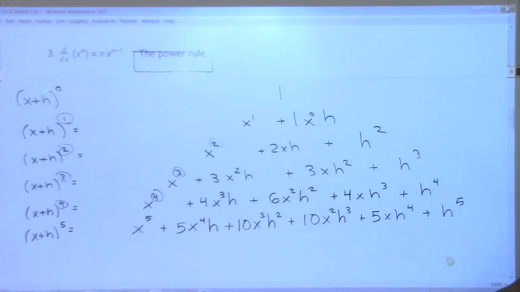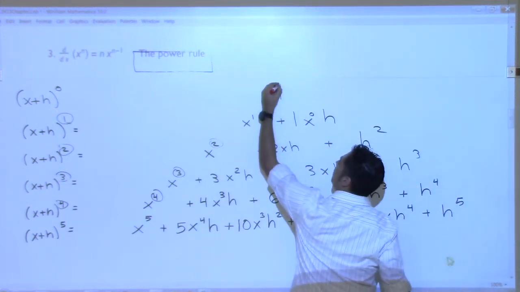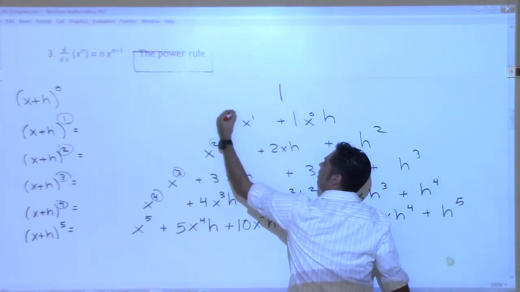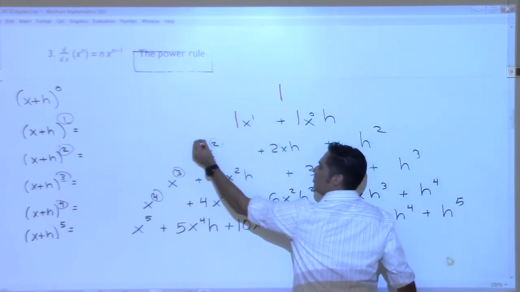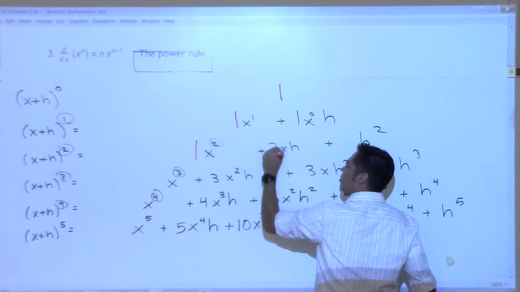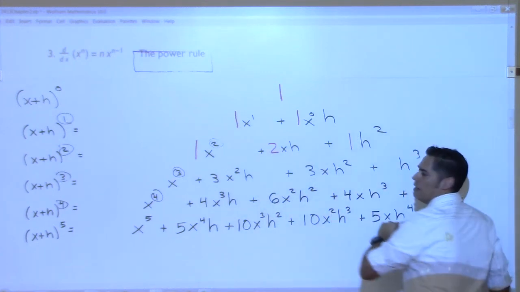Okay, watch this. I'm going to go through here with my red marker, and I'm going to put every coefficient in red. So this coefficient is 1. The coefficient in front of here is 1, and then this one is 1, right? And then the coefficient here is 1, and this coefficient is 2, and this coefficient is 1, yes?